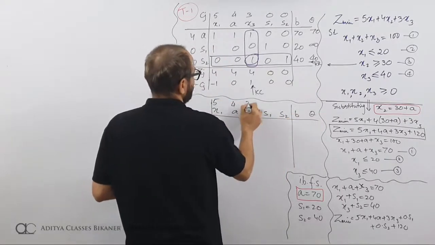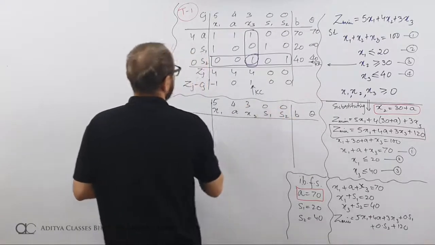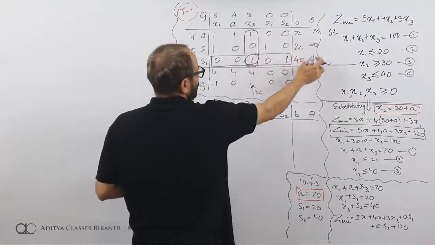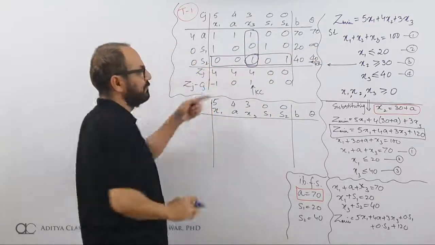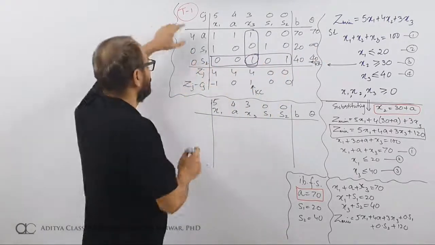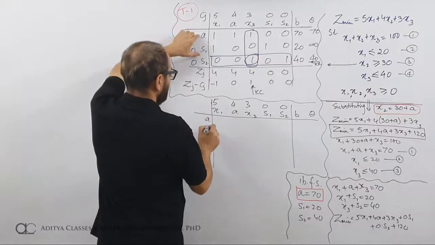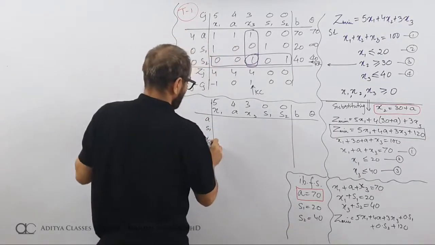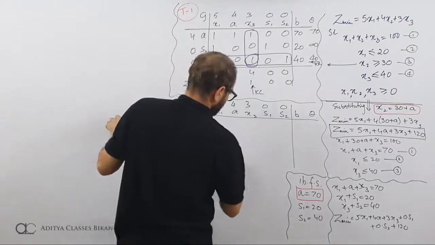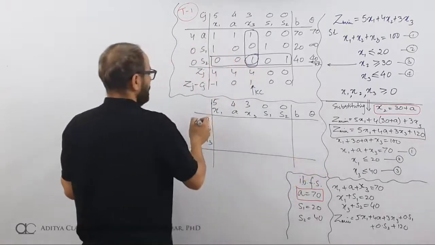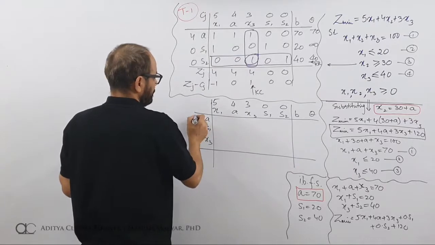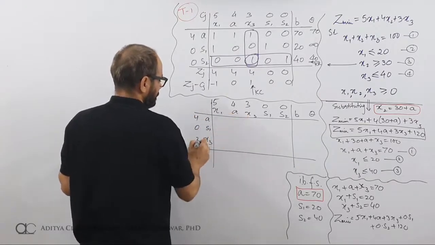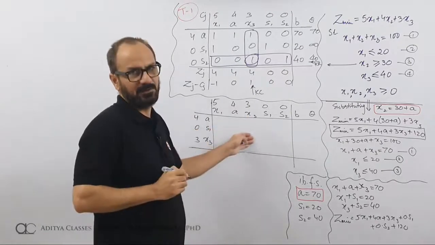Contributions being 5, 4, 3, 0 and 0. Now, incoming variable is x3, outgoing variable is s2. Key row is s2, so it is going out. So, these two are still there, A and s1. s2 is being replaced by x3, so I will get x3 over here. Then contributions, A is contributing 4, x3 is contributing 3. Now, I need to bring in all the values over here.